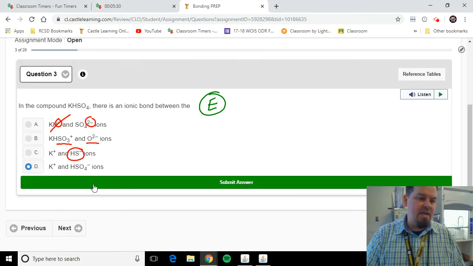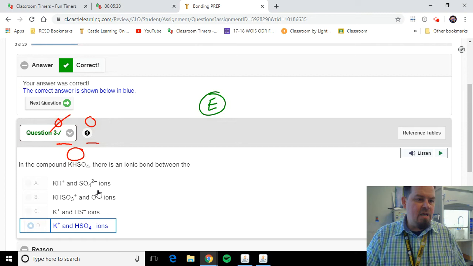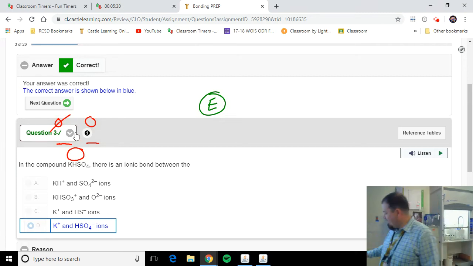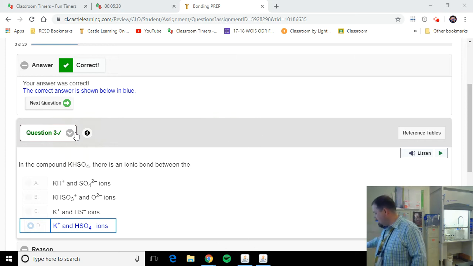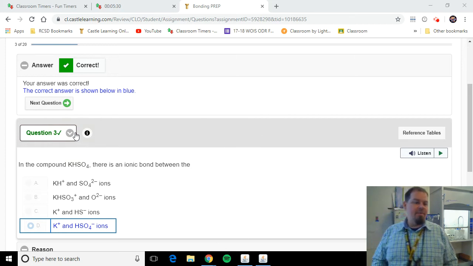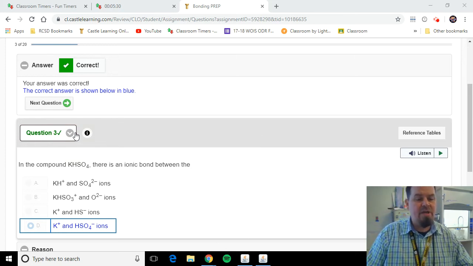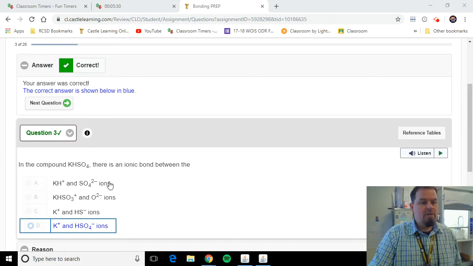That is a tricky polyatomic ion that we might not be used to. If you're going to see that question on my test or on the Regents, I'm guessing you're going to see one with like CO3, SO4, something that is a little bit more common.